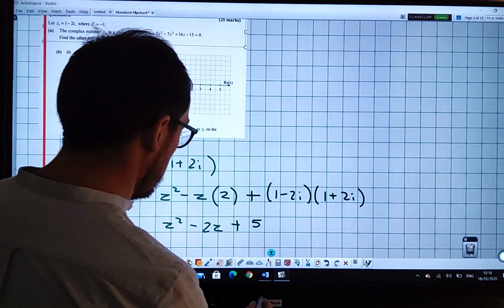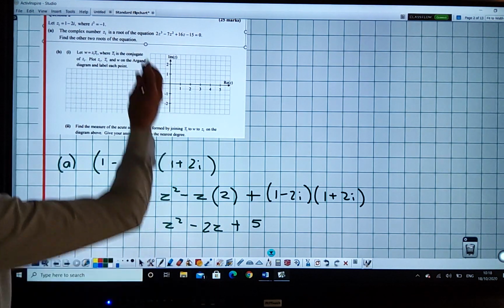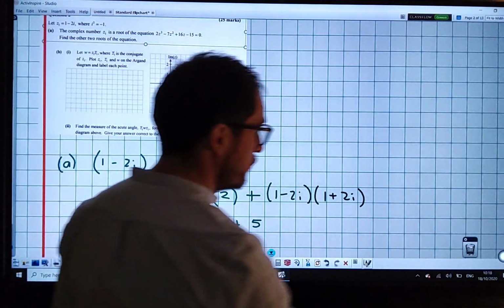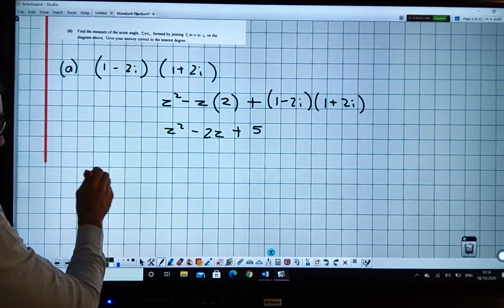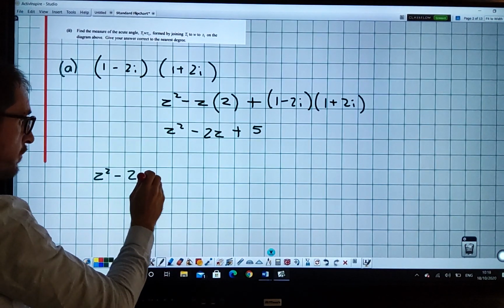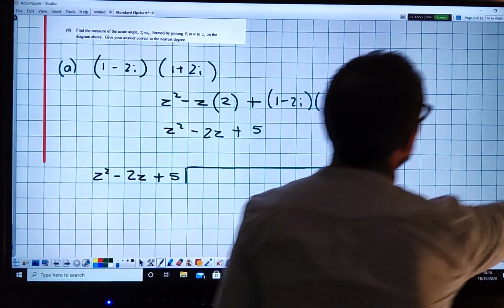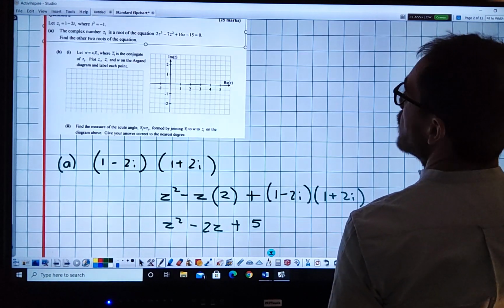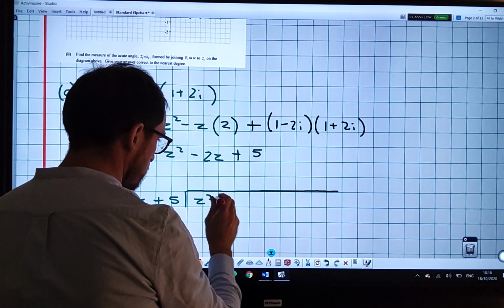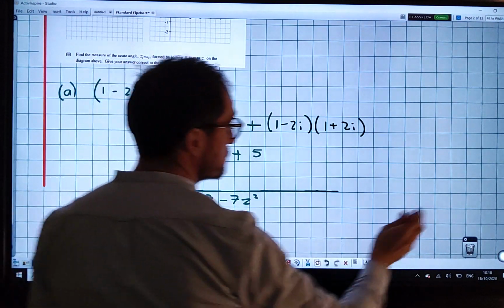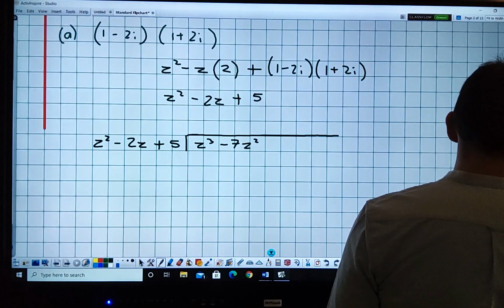Now, the next step is as follows. I need to take z squared minus 2z plus 5 and divide it into this here. So we're going to have z squared minus 2z plus 5 dividing into z cubed minus 7z squared plus 16z minus 15.